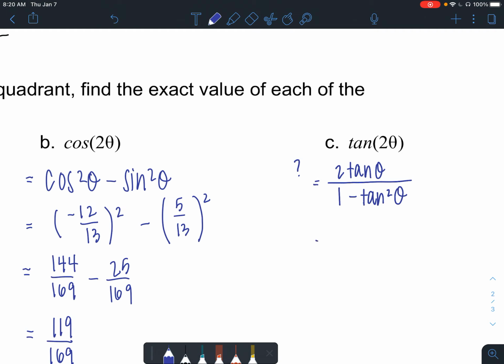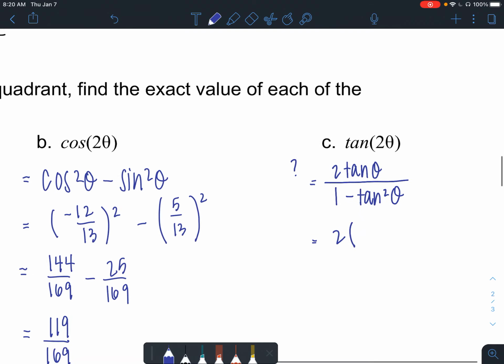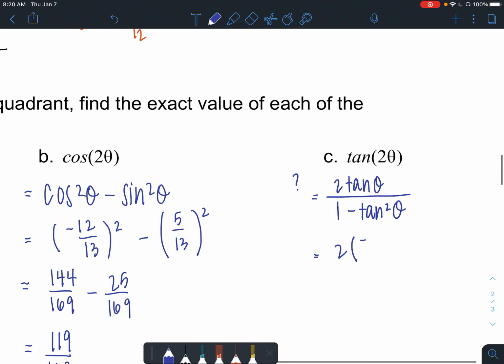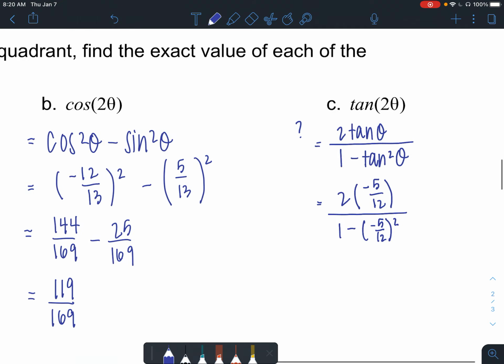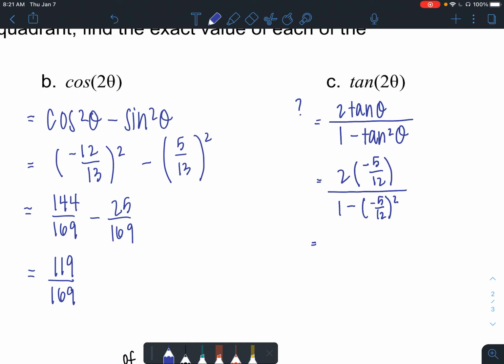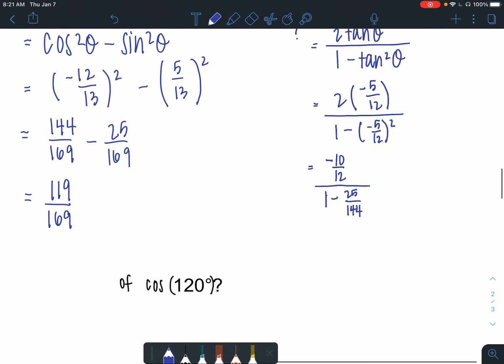So I have 2 tangent of theta is equal to -5/12 over 1 minus -5/12 squared. So simplify. So 2 times 5 is -10/12 over 1 minus 25/144.